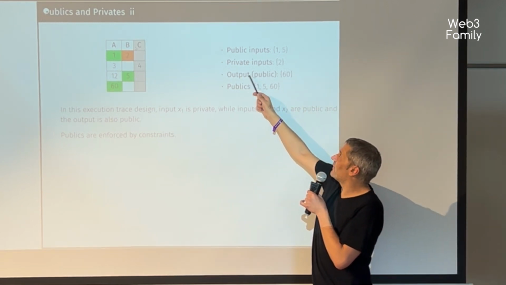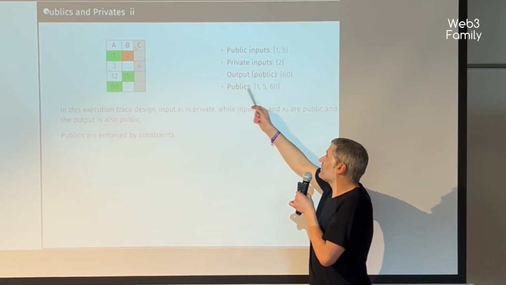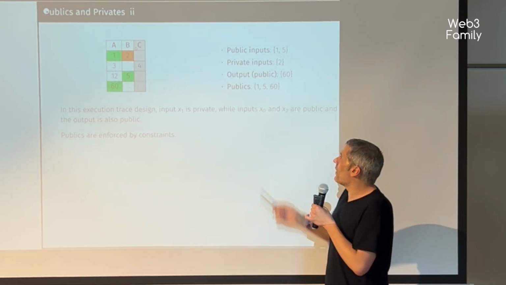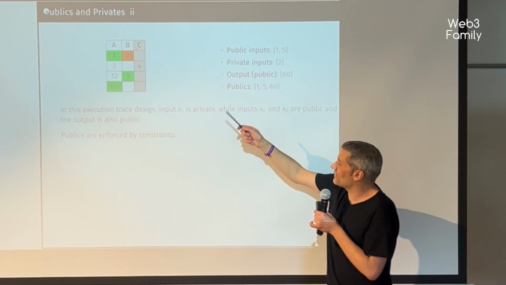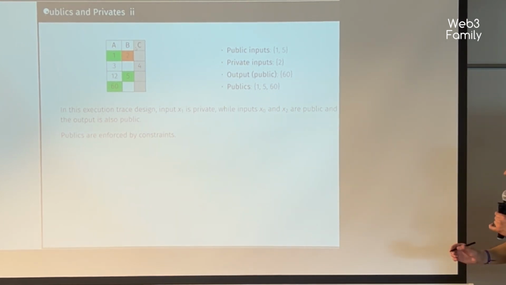I have an output that is public also, which is 60. And in general, the publics are 1, 5, and 60, which are the public inputs and the output.